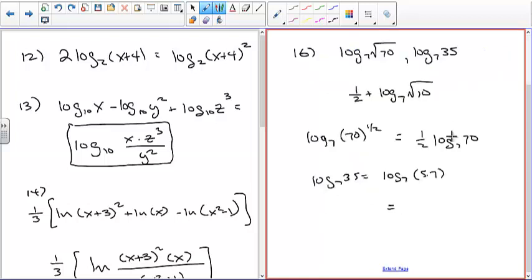From that, you could break it up into the log base 7 of 5 plus the log base 7 of 7. So log base 7 of 7 is 1, so you'd have 1 plus log base 7 of 5. So that's not going to work either.